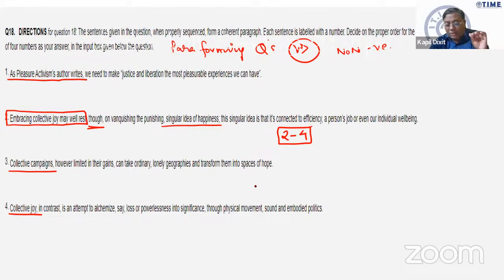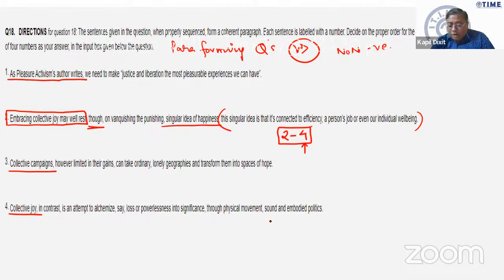And 2-4 is a block. 4 contrasts with the singular idea of happiness in the second part of 2. This singular idea. इसको contrast कर गया. तो मेरे को 2-4 का block मिल गया.